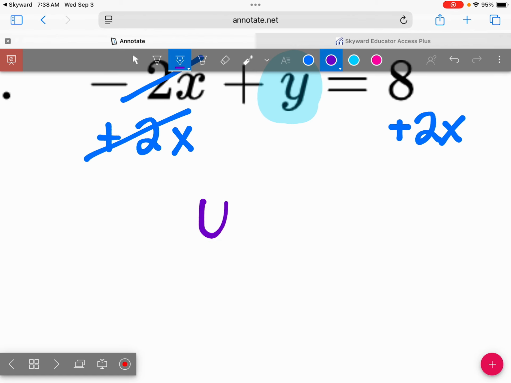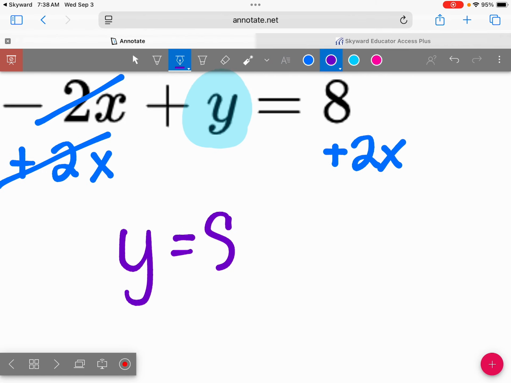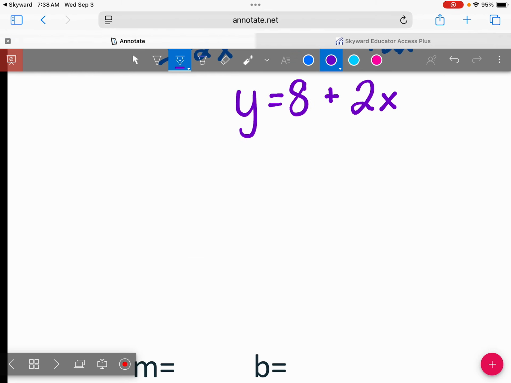So we're going to have our y equals, I'm going to write it this way first, because a lot of times we won't think it. I'm going to just put it like this, 8 plus 2x. That's fine. But it's not quite slope-intercept form. It's kind of flip-flopped on us. Because what is my m?